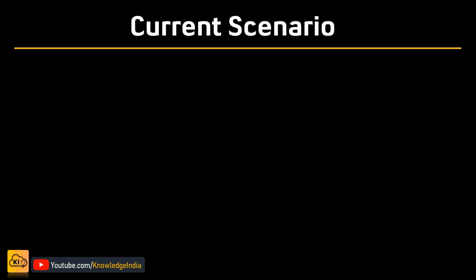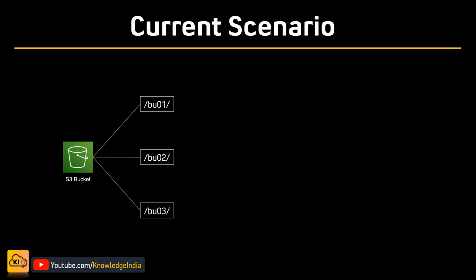If I go ahead and show you the similar thing with an example, think about it like this. There's an S3 bucket. Let's say it has got data which belongs to different business units, BU1, BU2, BU3. Now from BU1, there's an application which has to access this particular data. That's why there is a role created.